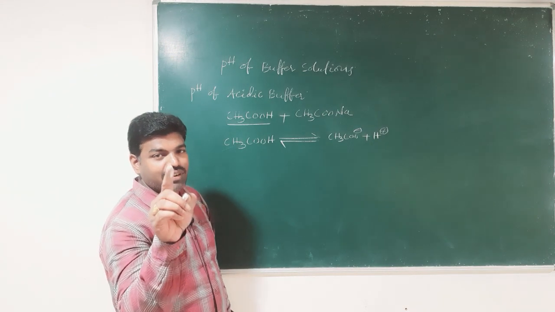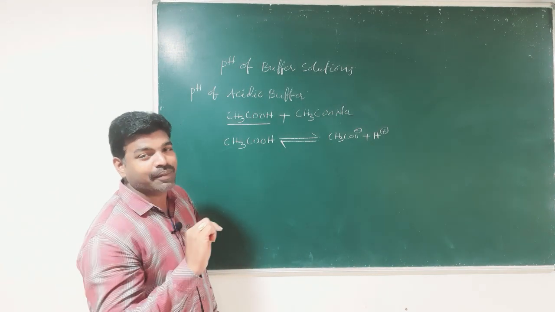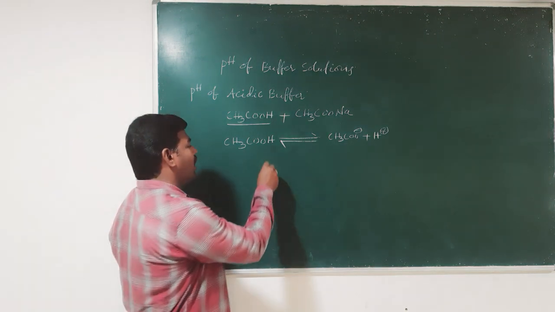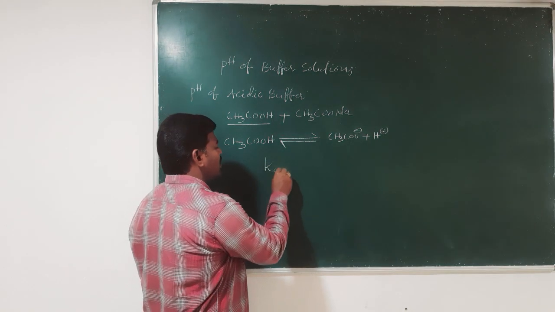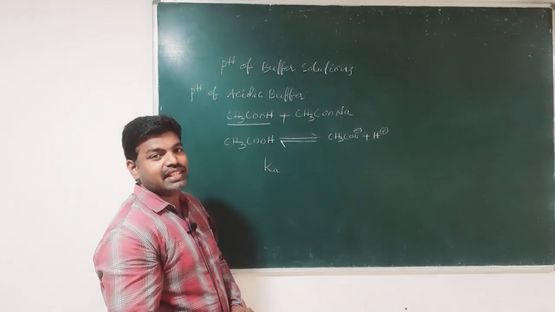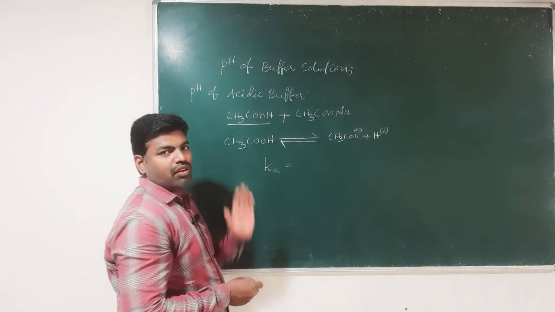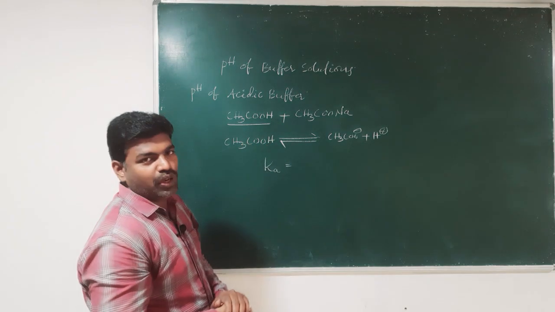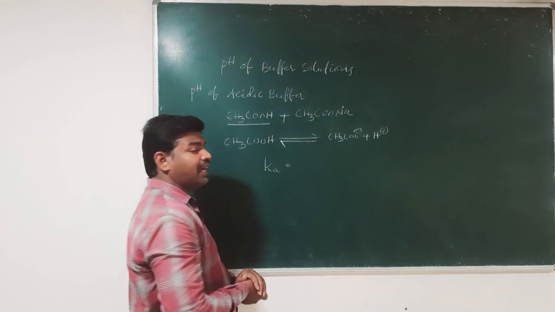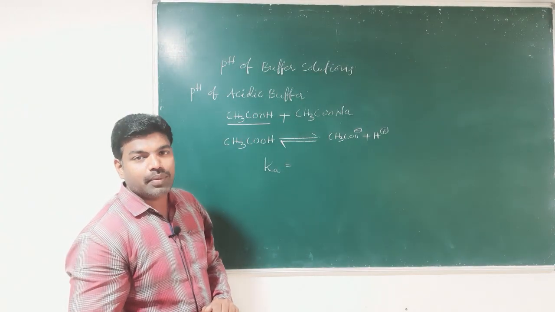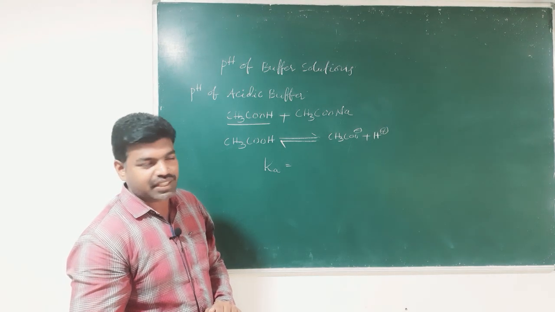For that equilibrium reaction, we can write the equilibrium constant or acid dissociation constant, usually called Ka. We can write the equilibrium constant only for reversible reactions.